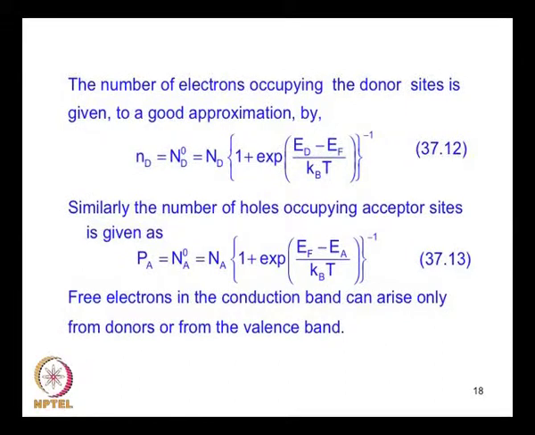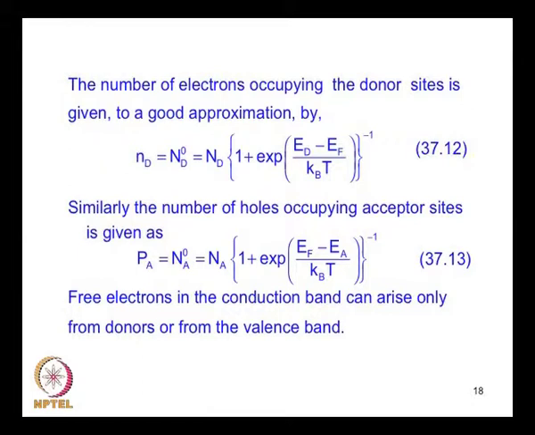The concentration of donor electrons is N_D0, and substituting for N_D plus, this is N_t by 1 plus exponential (E_F minus E_D).